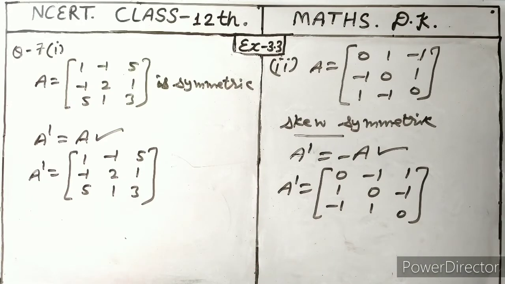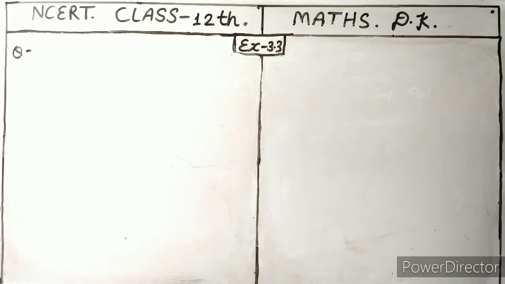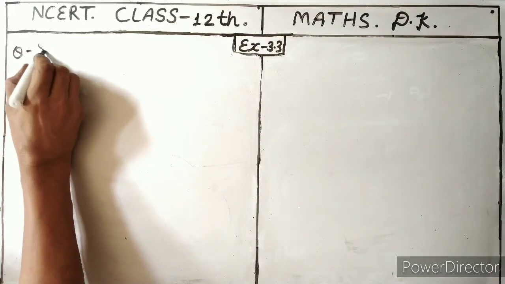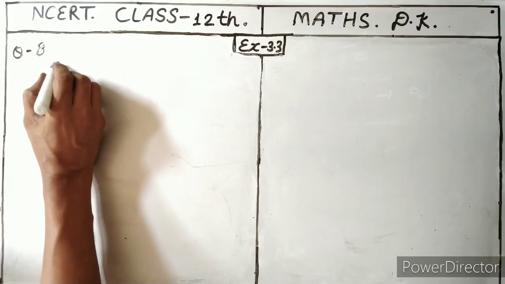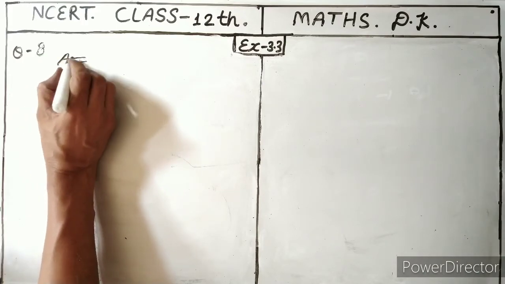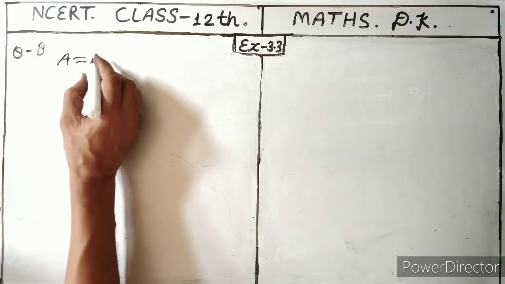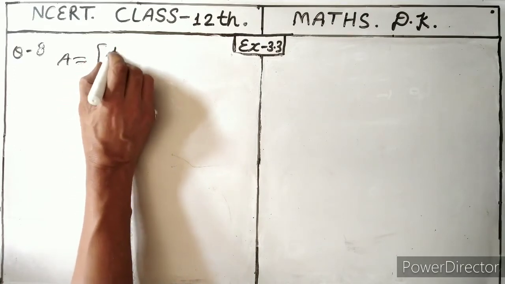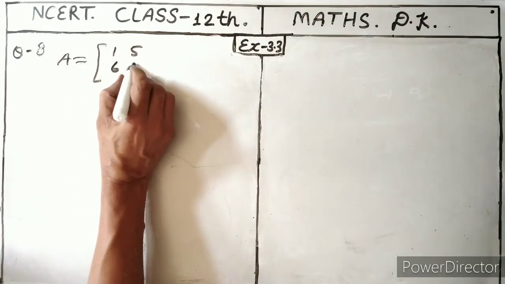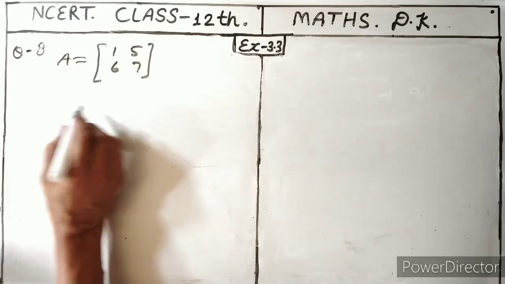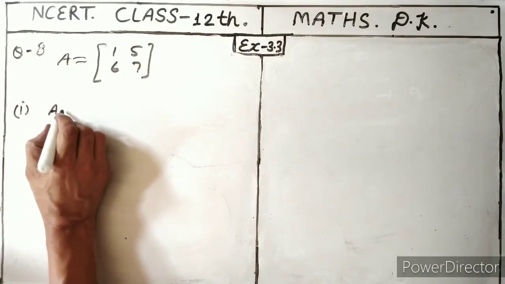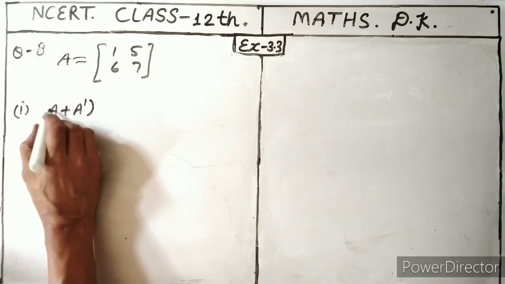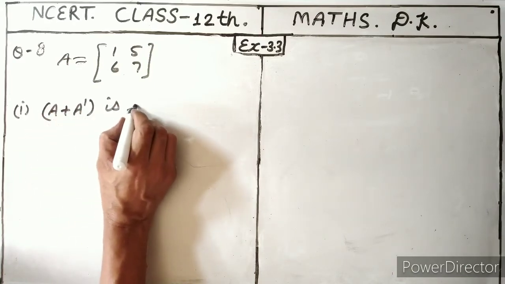So now question number 8. In question number 8, A matrix equals 1 5 6 7, and in the first part we verify that A plus A transpose is a symmetric matrix.